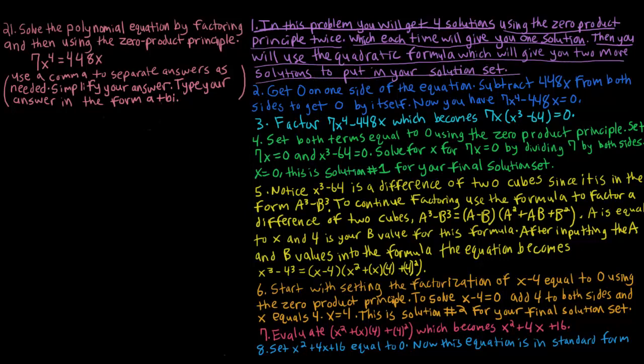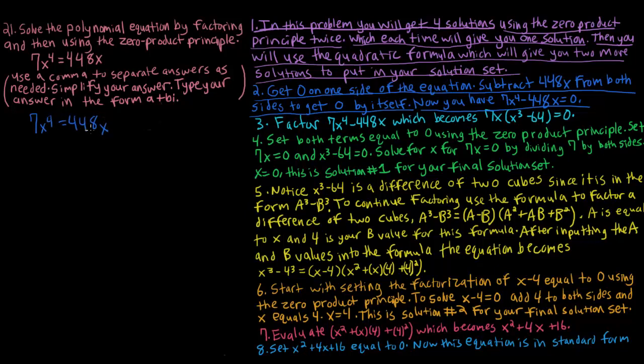So step 1, we want to go ahead and get 0 on one side of the equation. We need to subtract 448x from both sides to get 0 by itself. And once we do that, we'll end up with 7x to the fourth minus 448x equals 0. So let's rewrite our equation. 7x to the fourth equals 448x.